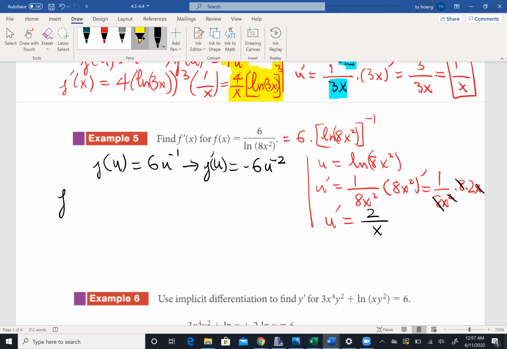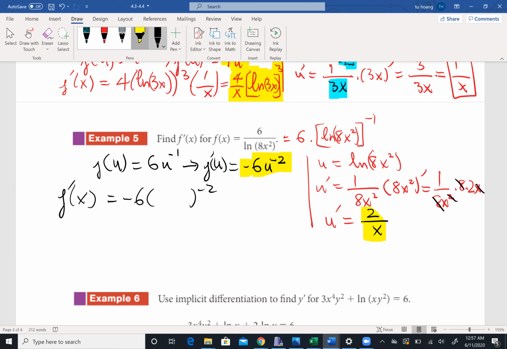I'm gonna label this, and I will have f(x) derivative equal to the outside derivative, which is -6 u to the power -2. What is u? I need to make it bigger.